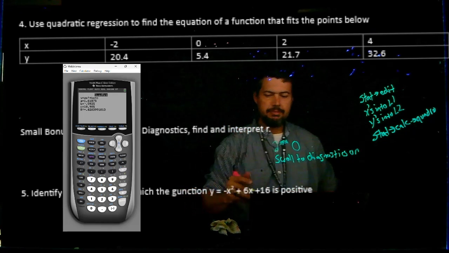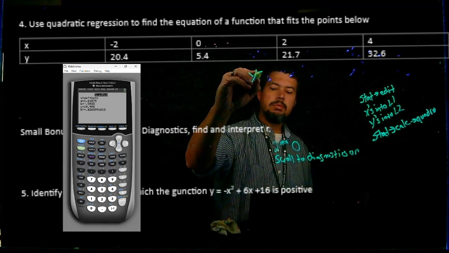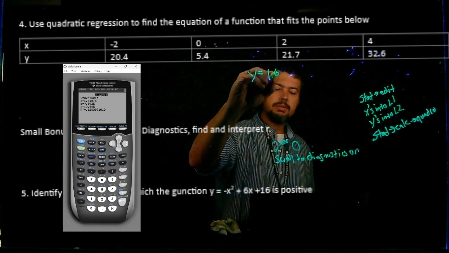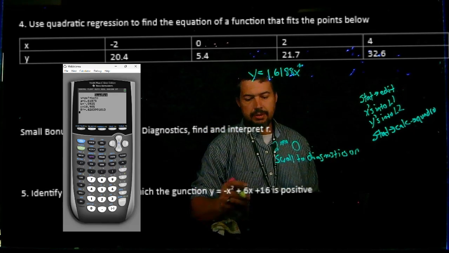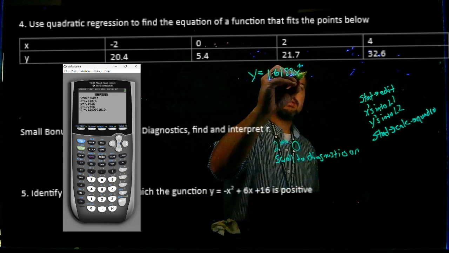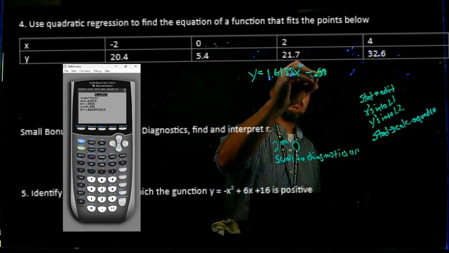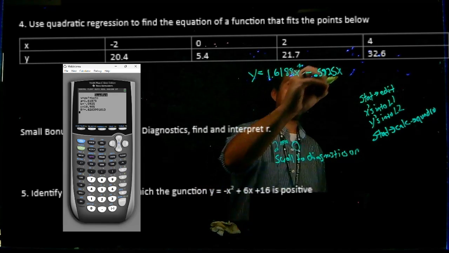Y equals 1.6188x squared, because a goes in front of x squared, minus 0.5925x, and then plus 10.905.